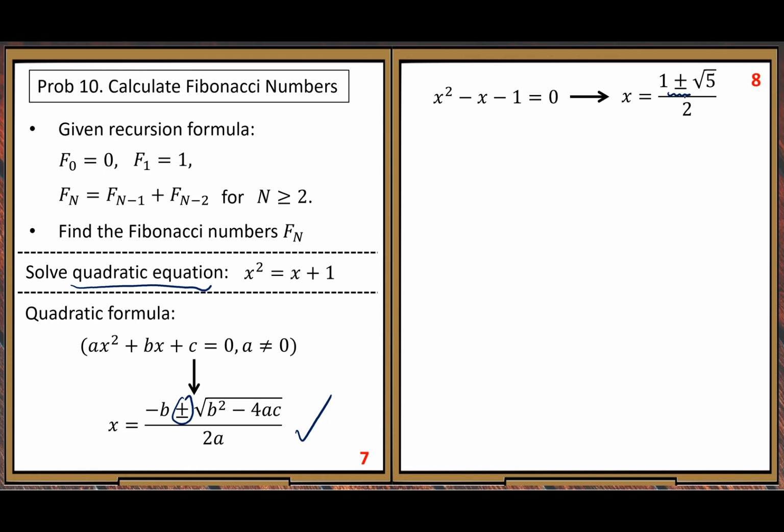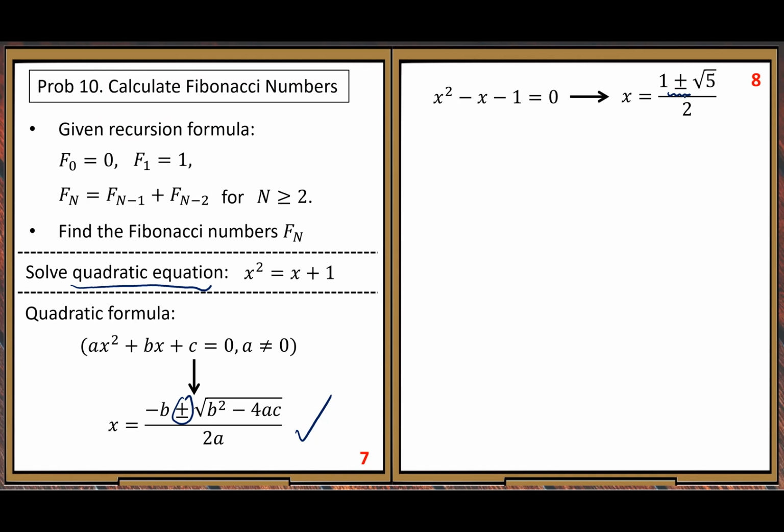But remember, what is our x? We assumed x is the ratio A over B, and A and B are lengths of line segments, so they must be positive. A over B is also positive. That means we only need a positive solution.